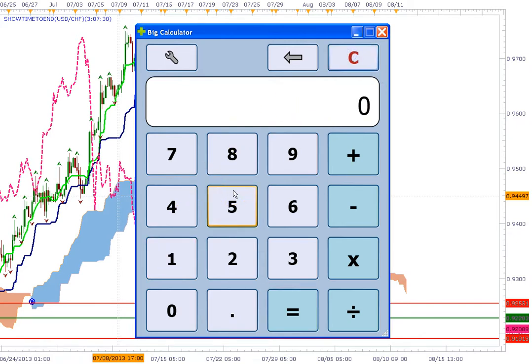But then on our winning trades, we came back and we made 73 pips, and then we made 100 pips, and then we made 30 pips.